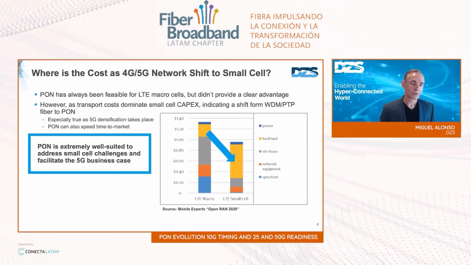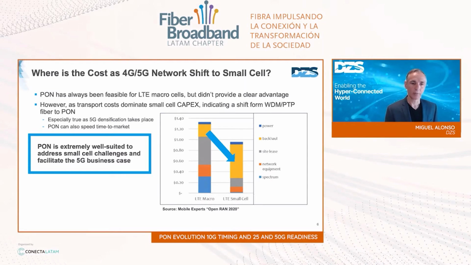One of the biggest drivers that we have seen for not only the adoption of PON, but also the need for an implementation of higher speed PONs has to do with how mobile networks have continued to evolve in their use and in their implementation. From an implementation point of view, the majority of the costs of implementing a mobile network are related to transport costs.